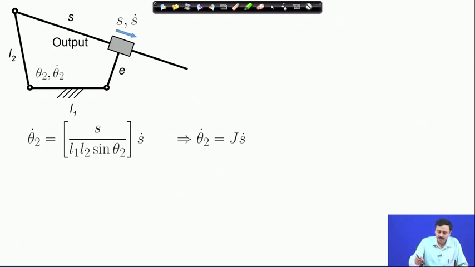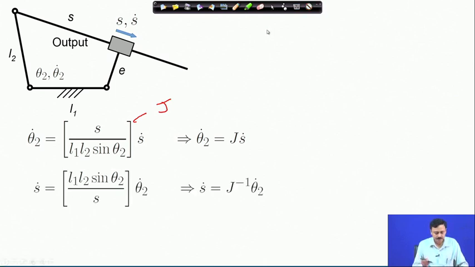So, here I am defining this as the Jacobian, which is again a scalar. So, Jacobian is in terms of S and theta 2, and if you invert the relation, then you get it in terms of Jacobian inverse, which is 1 over J. It is a scalar.